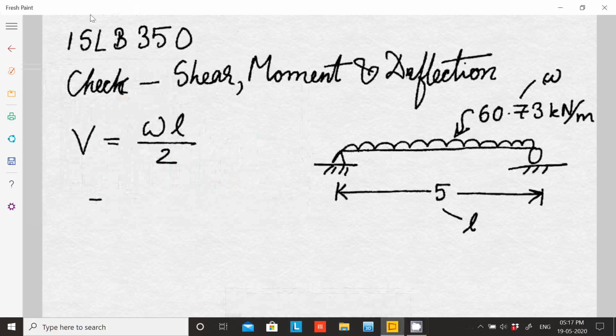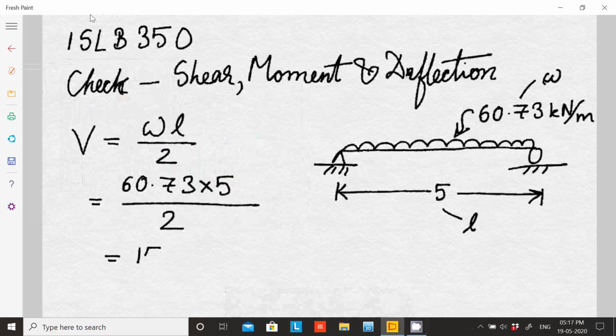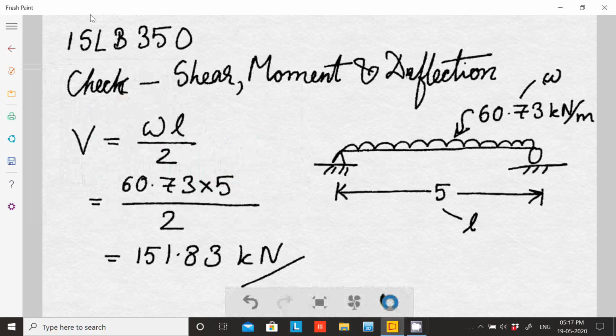So if we calculate it, we get this one, 151.83 kilonewton. Okay, now this is the applied force.